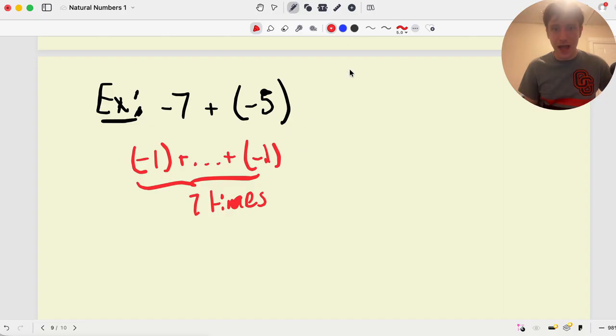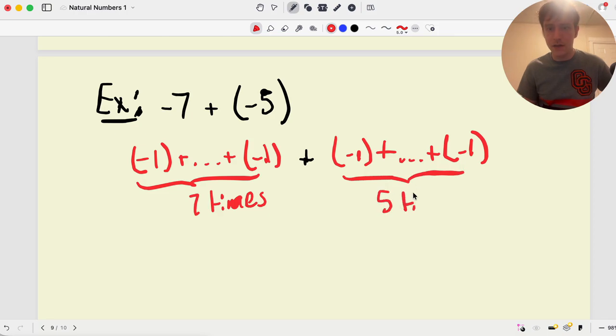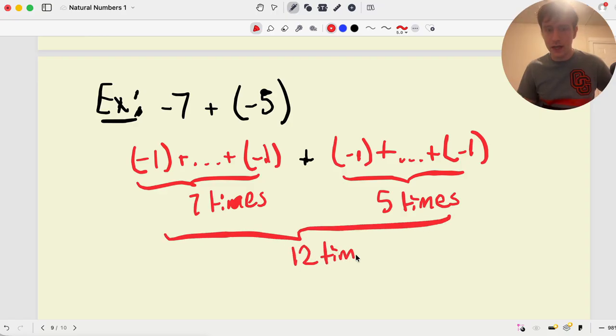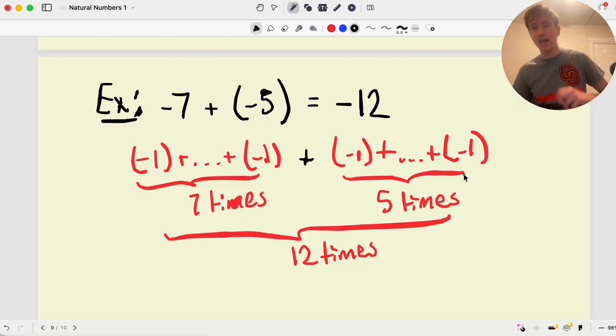Then I'm adding to that 5 more anti-dots. So again, I have -1 added to itself, and this is 5 times. Which means in total, I have 12 anti-dots. And since it's an anti-dot, we say that -7 plus -5 is equal to -12. Meaning, if I had 12 regular dots and I add that to 12 anti-dots, then I would get nothing left over.